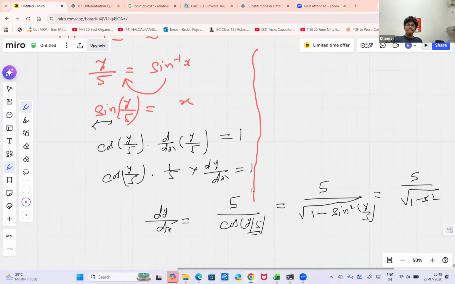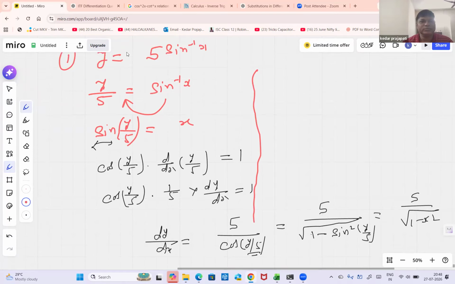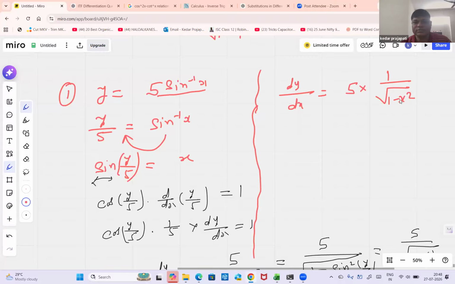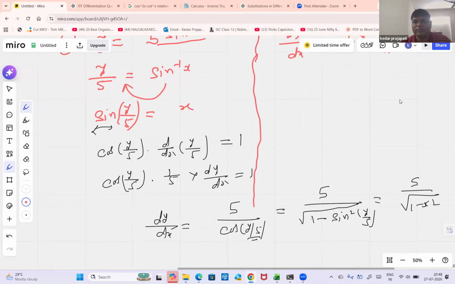No, sir. Directly also you can do this question. Yes, so dy by dx will be, just apply the formula: 5 is constant, and the differentiation of sin inverse x is 1 by root over 1 minus x square. This is what came.